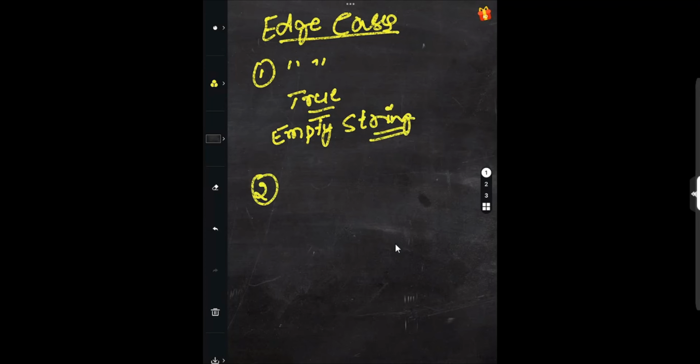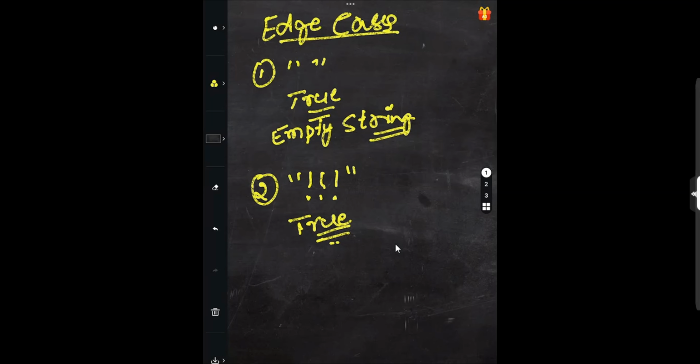Next, let's go with the second edge case, a string with only non-alphanumeric characters. Let's consider this one. The output will be true here. Why is the output true?